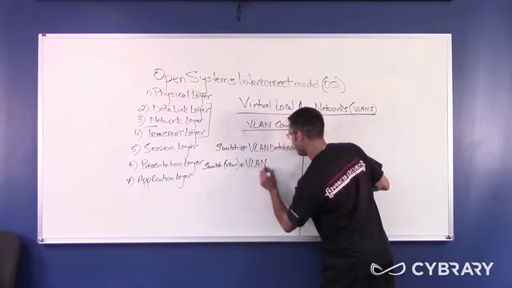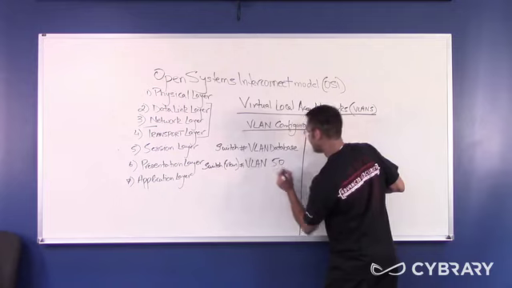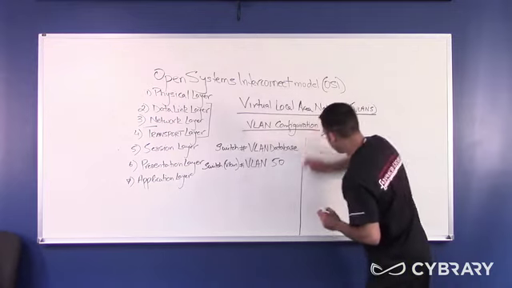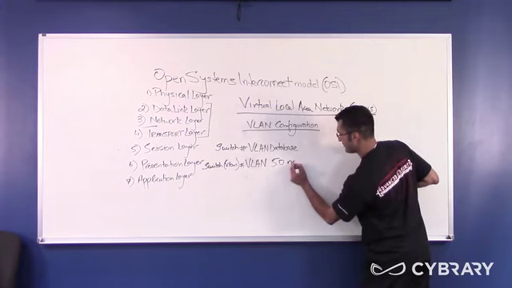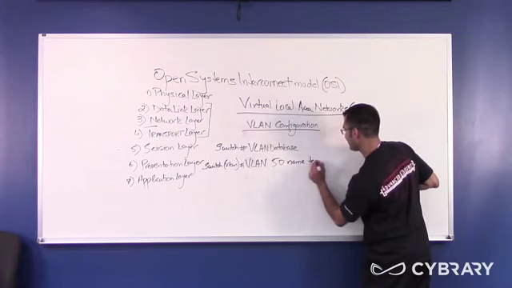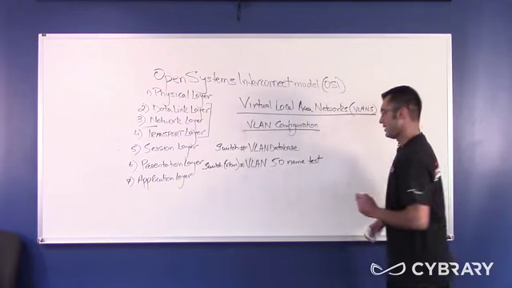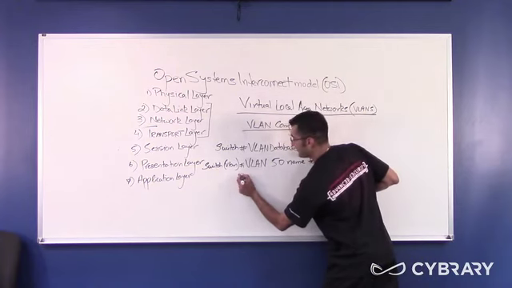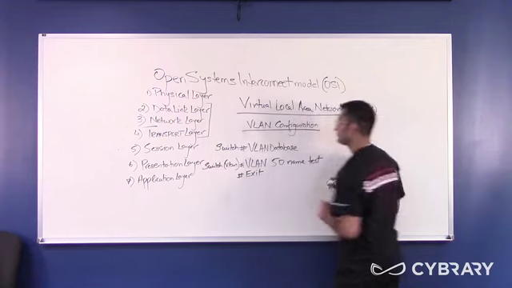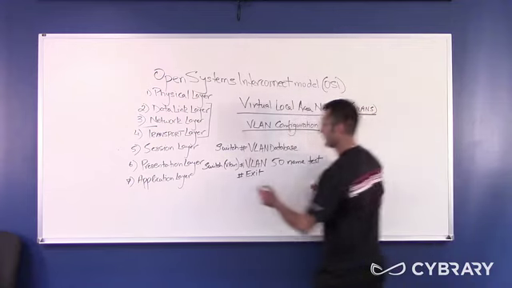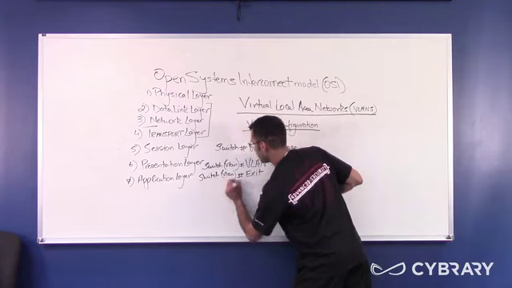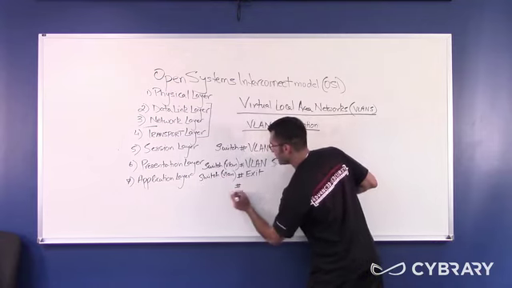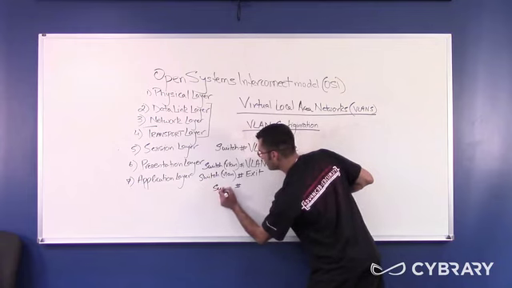Over here, vlan, let's say 50, and hit enter. And if you want to give it a name, you can say name, let's say test. And when you hit enter, it will create VLAN 50. At that point, you can say exit, and you will return back out of the database mode.